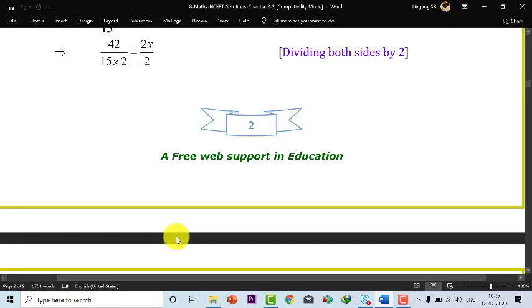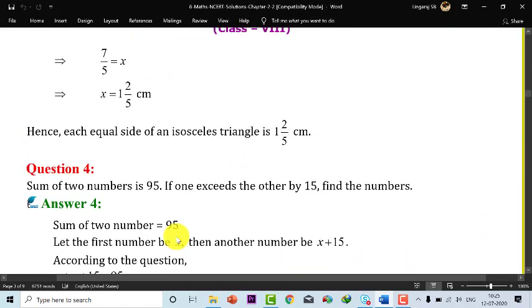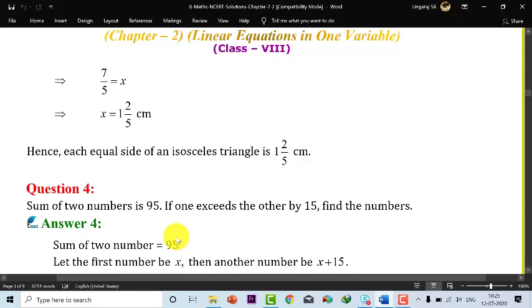We can cancel this 21 by 15 by 3. 3 sevens are 21, 3 fives are 15. After simplification we get 7 by 5. So x is equal to 7 by 5. Dividing 7 by 5, you get 1, and 2 is the remainder. So x is equal to 1 2 by 5 centimeter. Hence each equal side of the isosceles triangle is 1 2 by 5 centimeter. You can write 7 by 5 or, in mixed fraction, 1 2 by 5 centimeter.